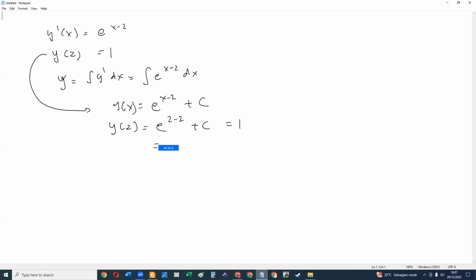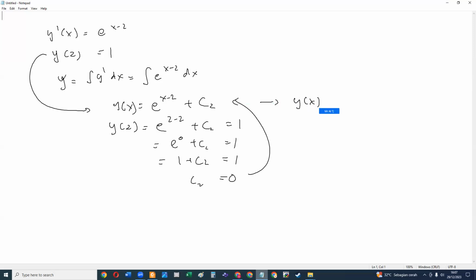The value is 1. e to the power of 0 is 1, so c must be 0. Putting this back into the equation, we conclude that y of x is just e to the power of x minus 2. That's it.